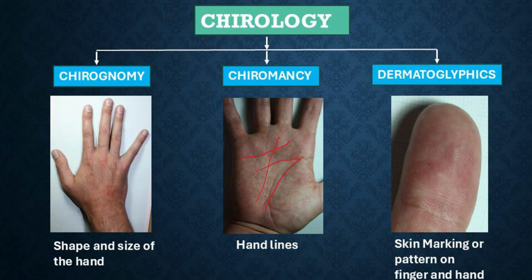There are three main branches of chirology. Chirogomy, the study of the hand, also includes an examination of its shapes, fingers and fingernails. Chiromancy, using palm lines to predict a person's nature and some future.